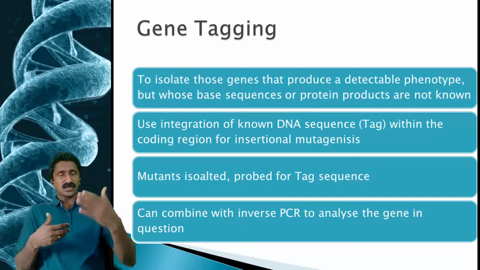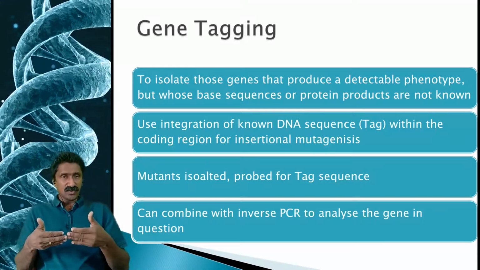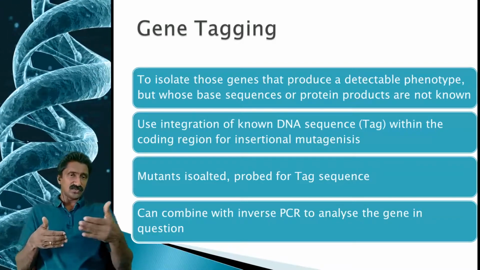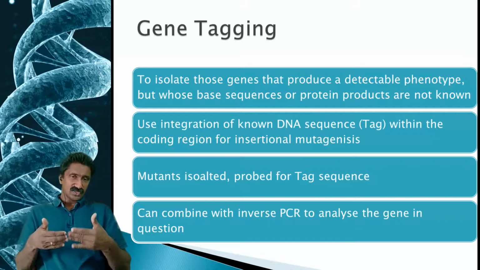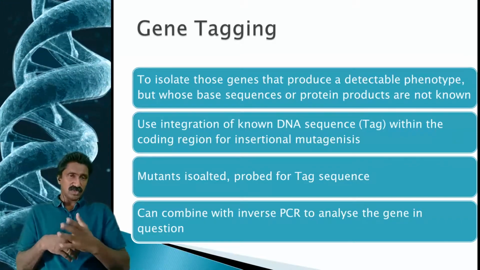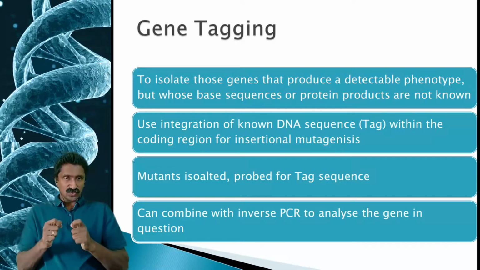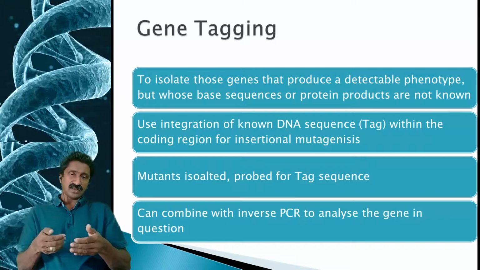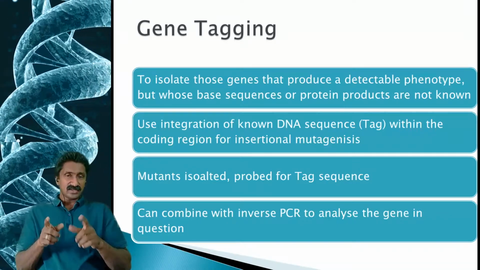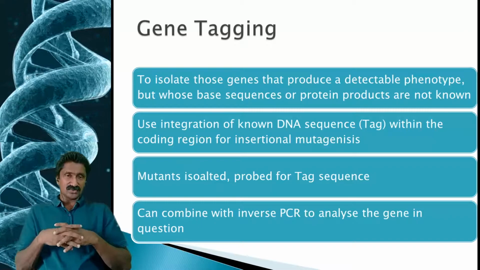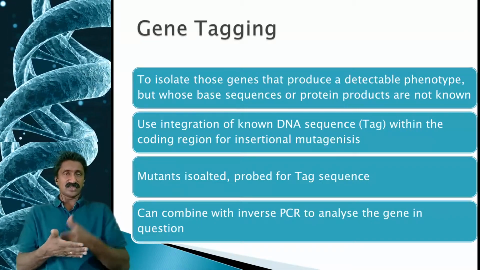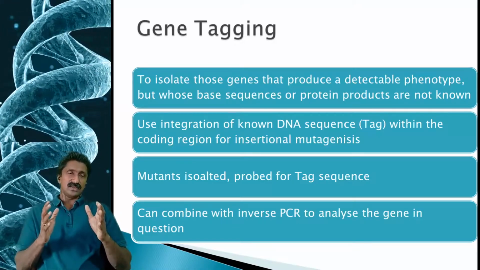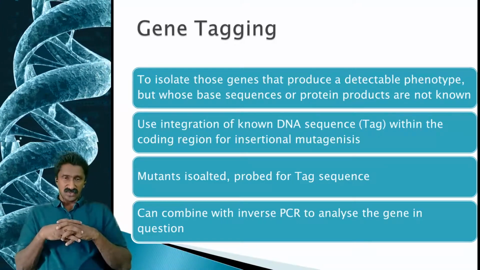Out of the many clones that are created, some of them may be your target DNA sequence, that is, the gene of interest for your detectable phenotype. You can identify the clones based on their expression. Such clones with your tag sequence attached to the detectable phenotype can now be isolated and probed based on the tag sequence. So if the tag sequence is there along with the detectable phenotype, then you know that the tag sequence is attached to the phenotype region.